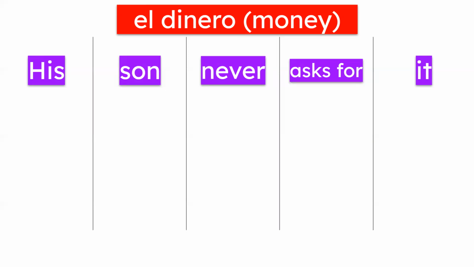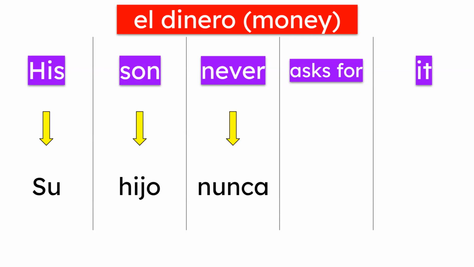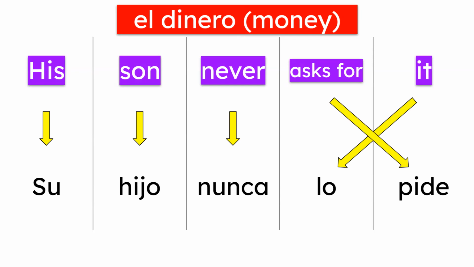Tres, dos, uno, cero. Okay, guys. His is su. Very good. Son is hijo. Never, pretty easy, nunca. It's referring to money, so lo. Su hijo nunca lo. Ask for is the verb pedir, and that would be conjugated as pide.